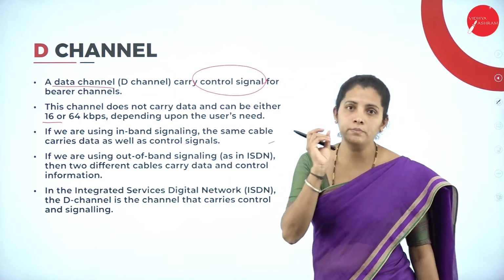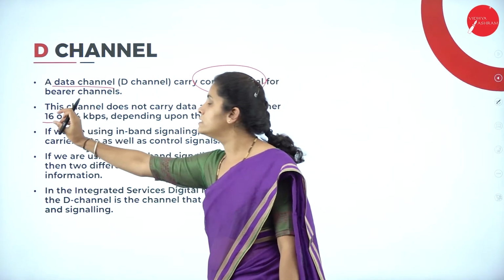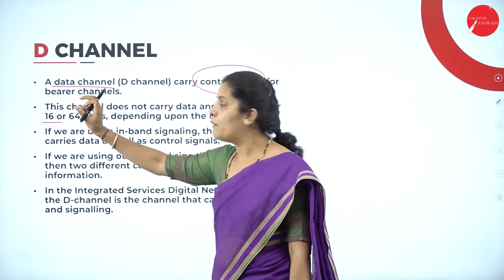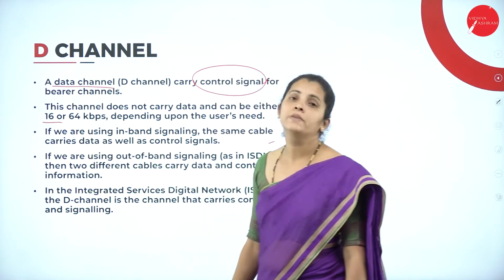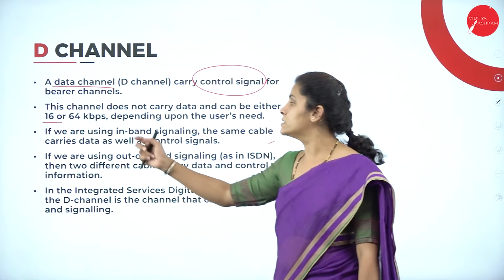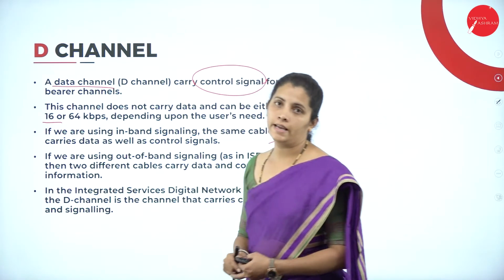So the minimum capacity here is 16 kilobits per second, whereas the maximum capacity here is 64 kilobits per second.